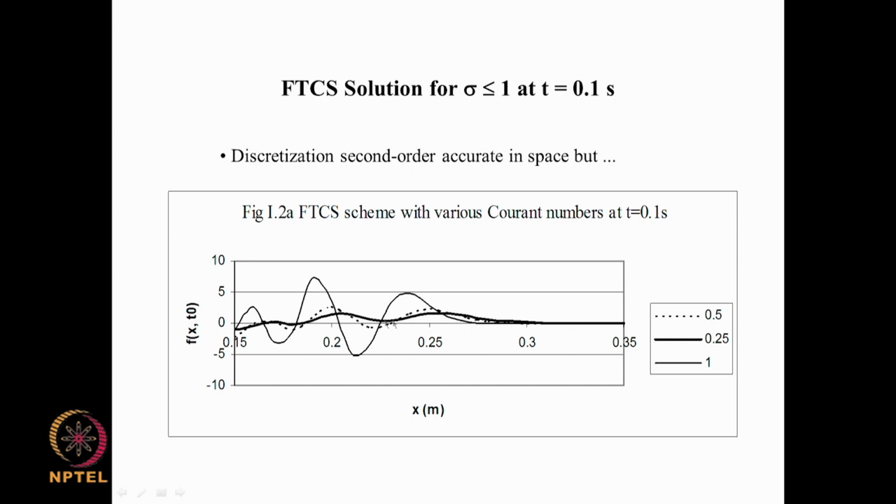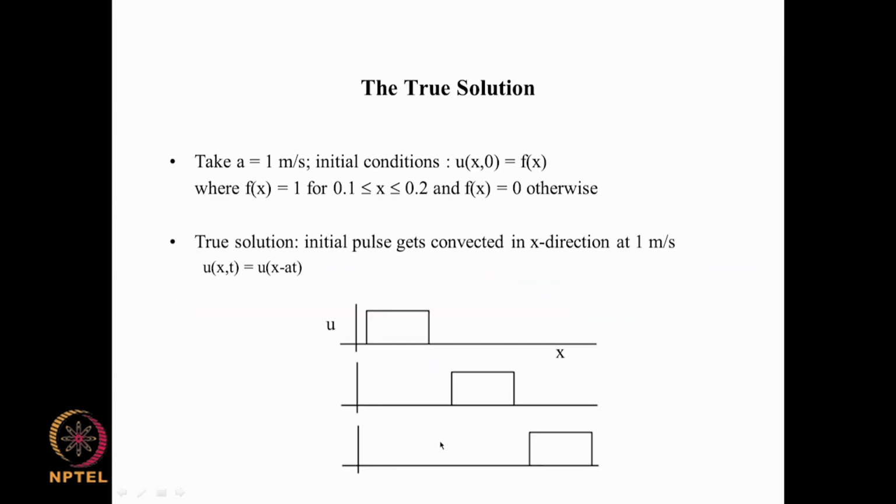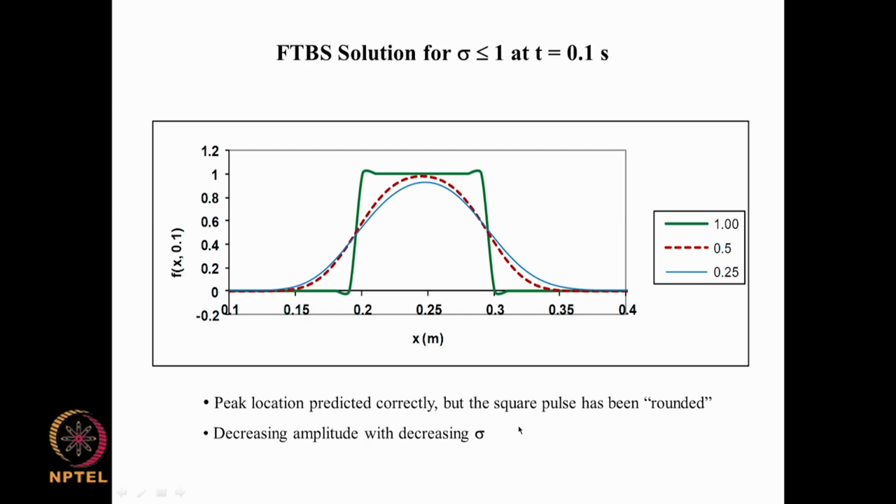So, we should be getting something like this, and what we are getting is totally different. For example, the peak value here with Courant number 1 is a maximum value somewhere here of the order of 7 and a minimum value somewhere here, and it is not like the square pulse that we should be expecting here, okay.